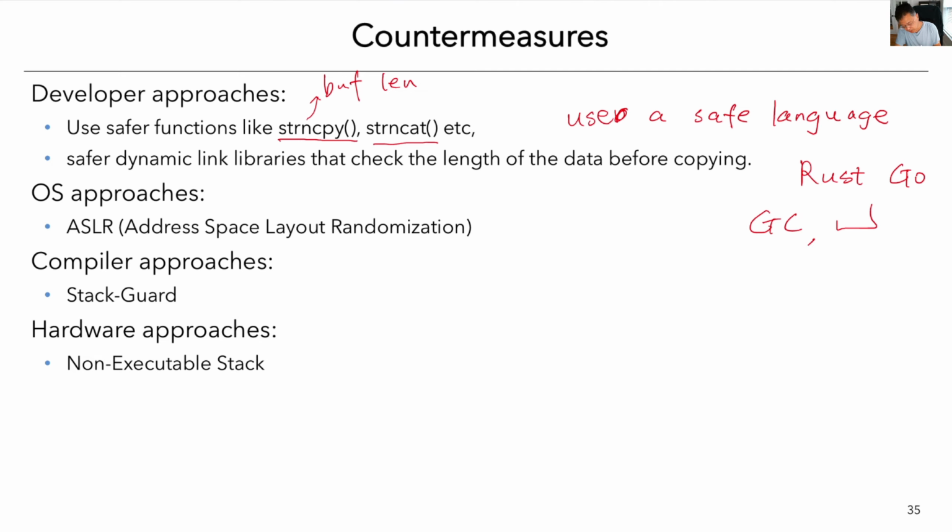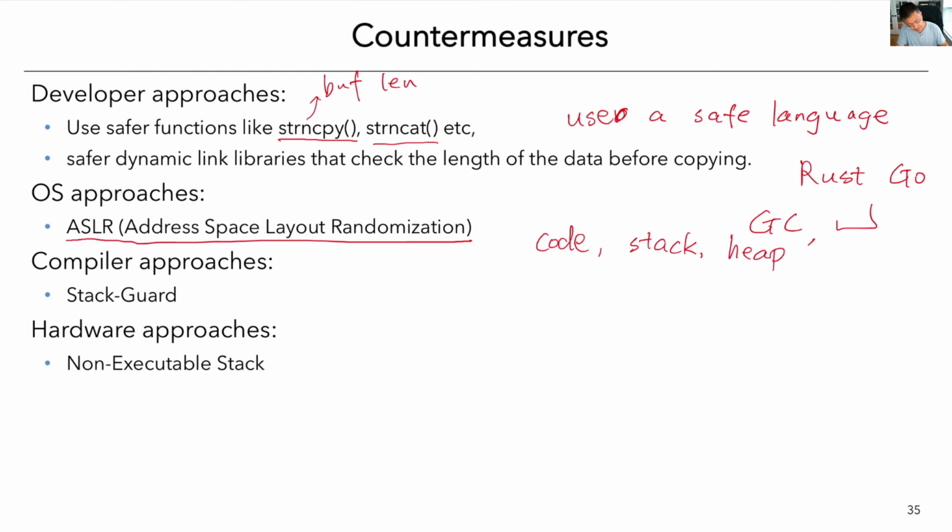The next approach is OS-based, called address space layout randomization. In this defense, the OS kernel will move the program's code sections, the stack, and the heap to a random location. By doing so, the attacker cannot know beforehand where those targets are located.